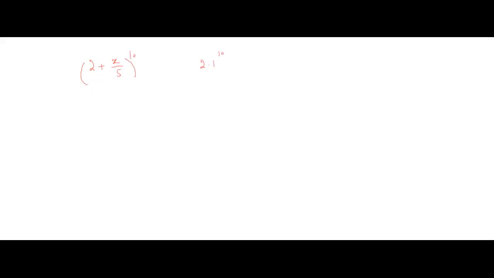Again, in this question they don't mention how many decimal points you should find. So we will again keep only the first 4 terms.